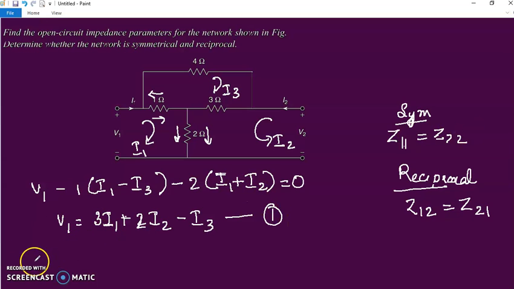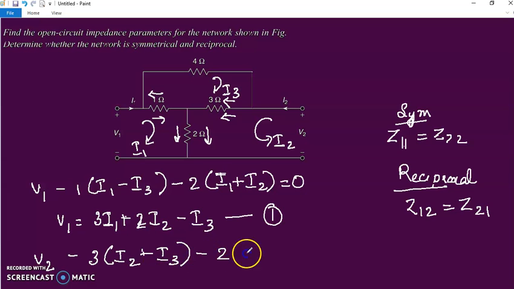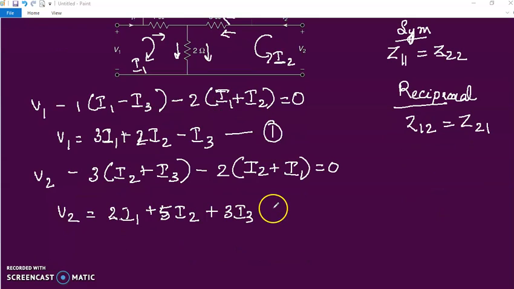Now we'll go for the second mesh. We have V2 minus 3 into, both the currents are flowing in the same direction. So we have V2 plus I3 minus 2 into I2 plus I1 is equal to 0. Now we'll group together I1, I2 and I3 coefficients. This is equation number 2.